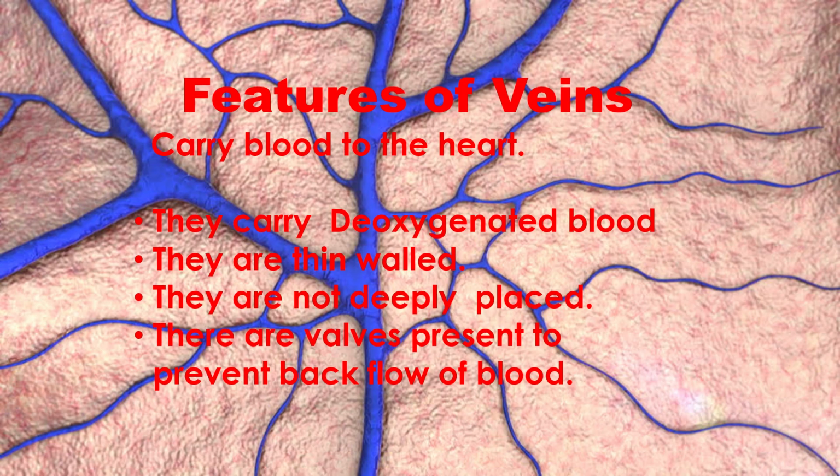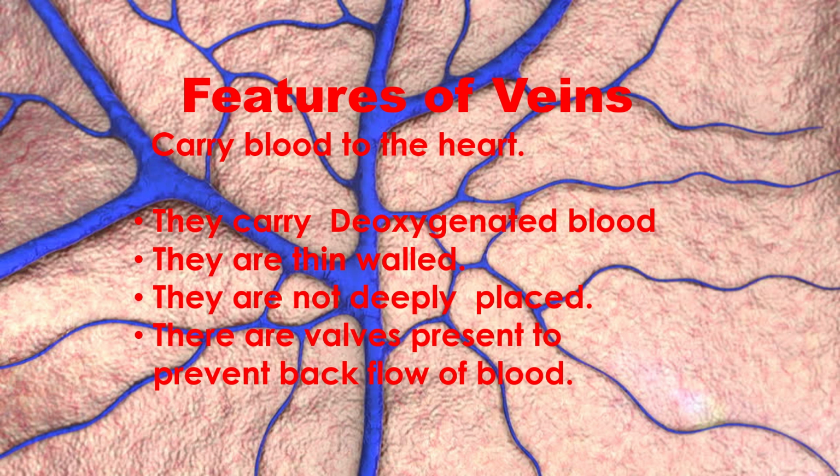Second, veins. Veins are the blood vessels which bring blood to the heart. And veins carry deoxygenated blood. Deoxygenated means it contains a greater amount of carbon dioxide. Except the pulmonary vein.